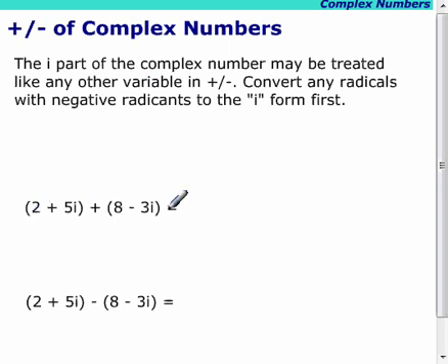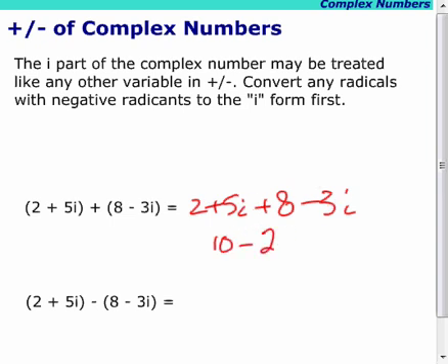So if I'm wanting to add these, I just look for like terms. I'll drop the brackets: 2 plus 5i plus 8 minus 3i. Look for like terms. 2 plus 8 is a 10. 5i minus 3i is a minus 2i. So I treat those i's just as I would an x or a y, a different variable. And so this would be my answer to that simplification.